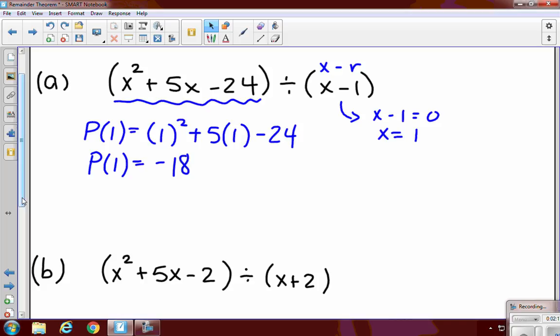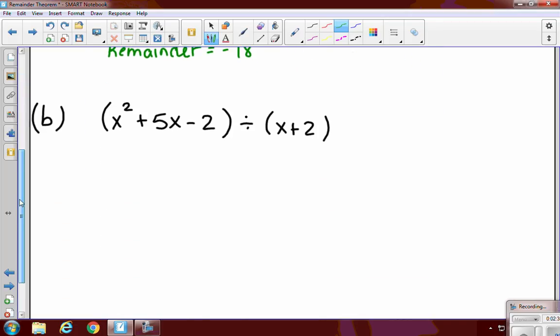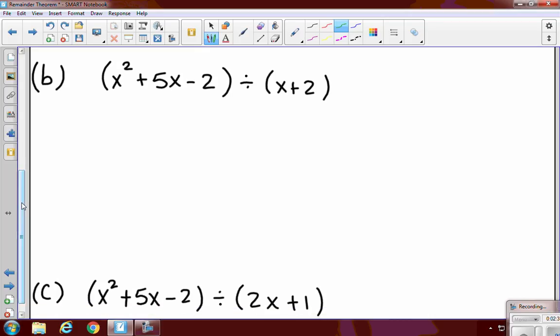So a statement I could write is that the remainder, when we divide those, equals negative 18. That's a lot quicker than actually doing the division. So we can look at the next example and see how we can do this as well.